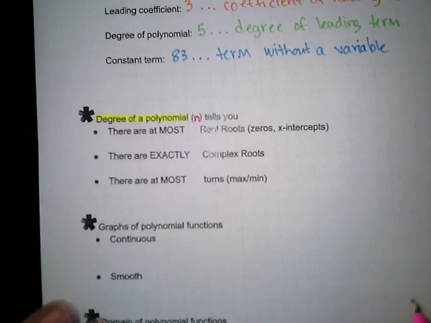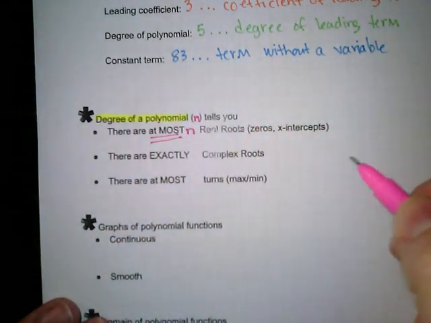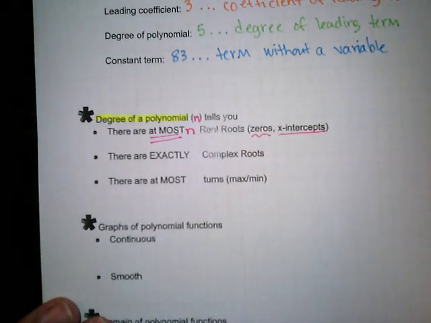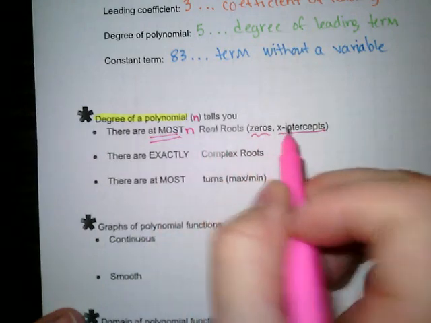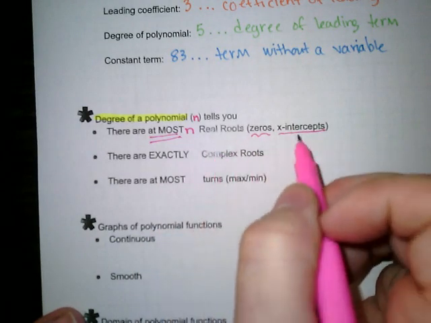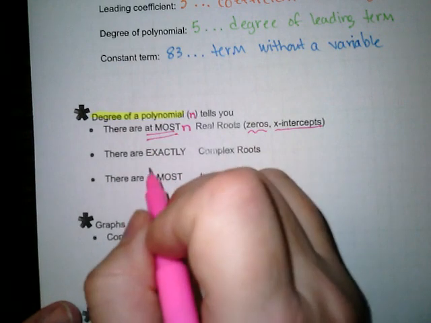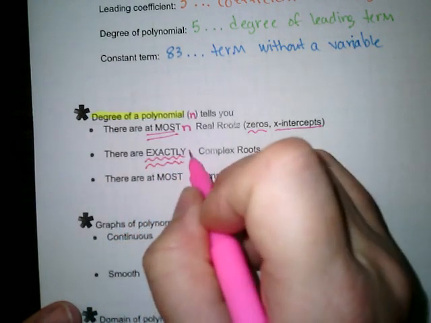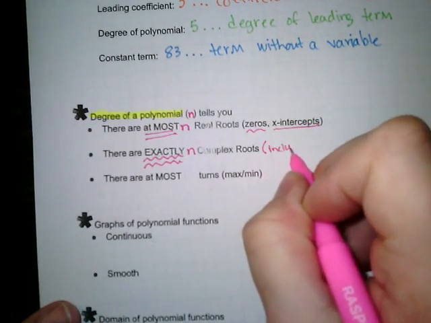It tells you that there are at most n real roots, which we also call zeros and x-intercepts. All of those things are interchangeable. So when you're asked to find roots or x-intercepts or zeros, those are all the same thing. Then there would be exactly n complex roots. So complex roots include imaginary numbers.